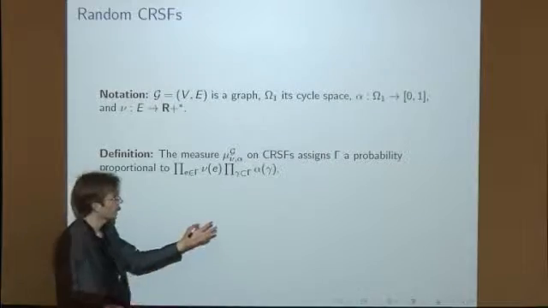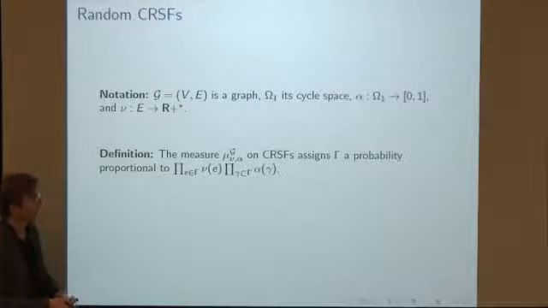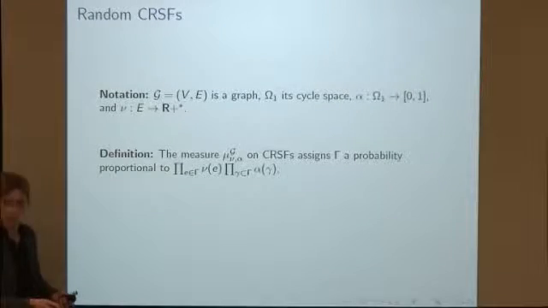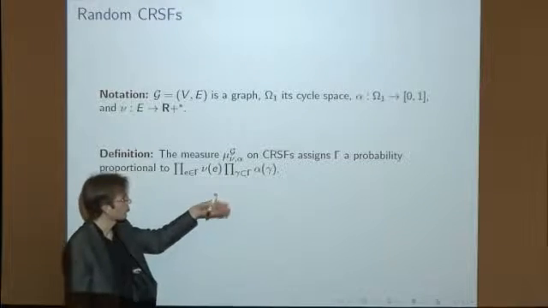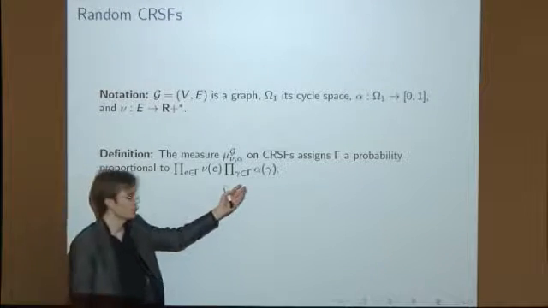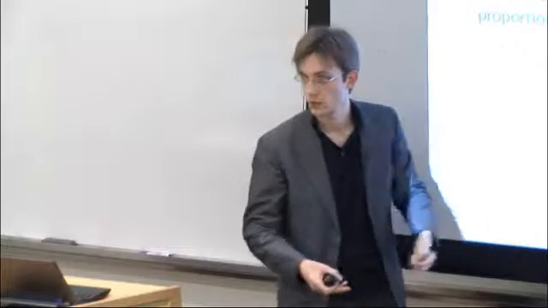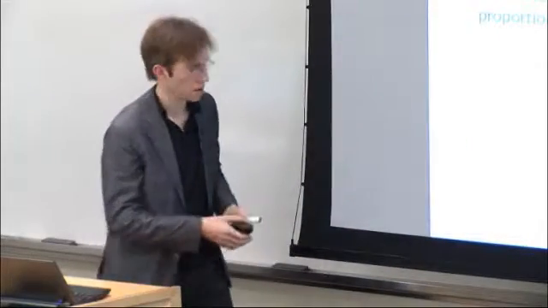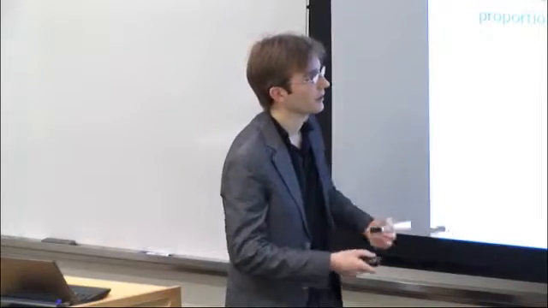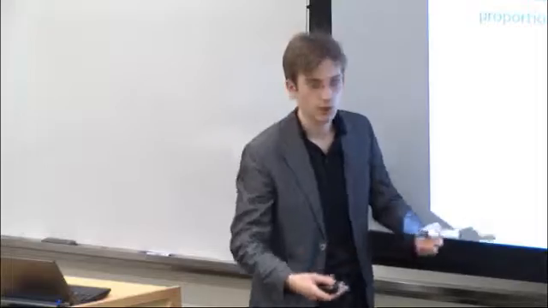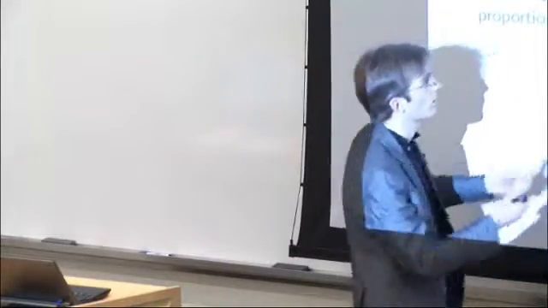Well, if you are on a finite graph, then if alpha is very small, you're likely to keep only one loop. Basically because if you had k loops, the probability of having k loops would be proportional to alpha to the k. So if alpha is very small, you will keep only one loop. And in fact, you will have the uniform measure on cycle-rooted trees with only one loop.